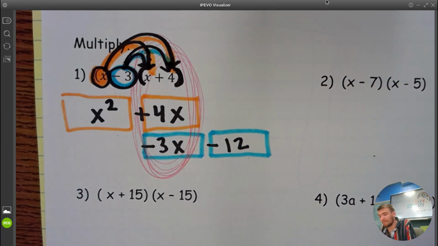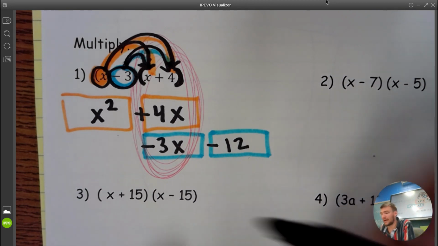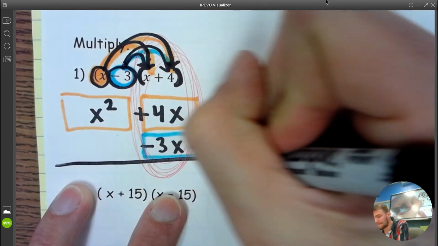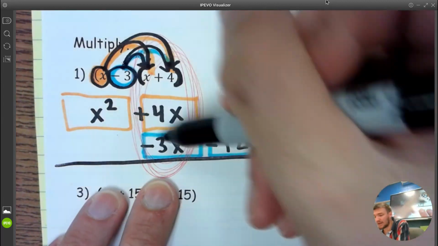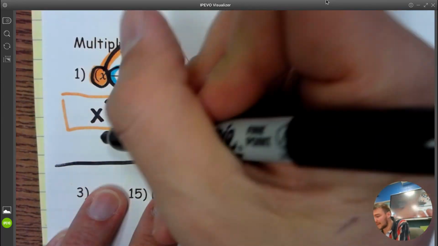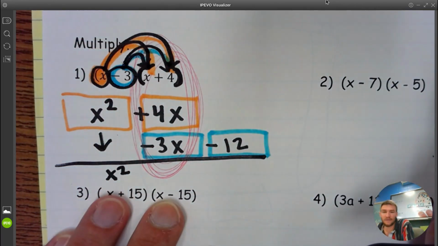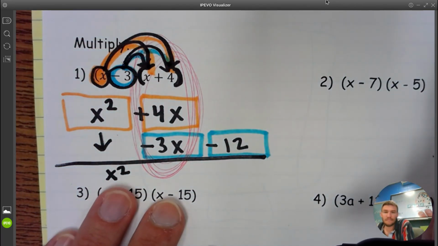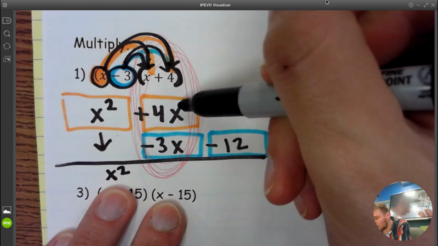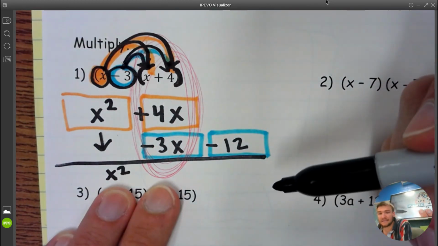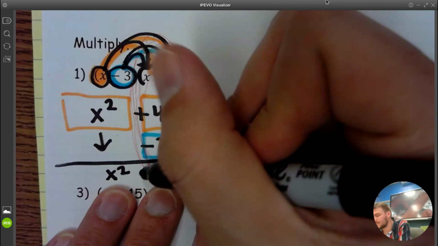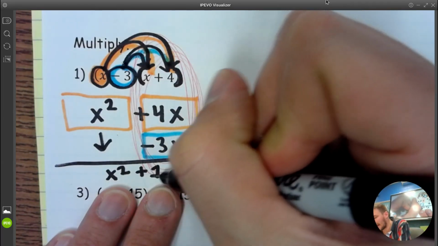So when we combine those, we're going to write our answer down underneath these boxes. The x squared is just going to come down and be x squared. The 4x minus 3x, what's 4 minus 3? 1, of course. So we're going to have 1.